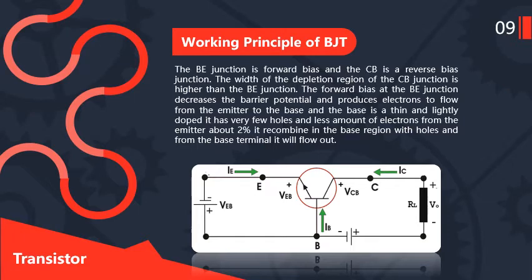The forward bias at the base-emitter junction decreases the barrier potential and causes electrons to flow from the emitter to the base, and the base is thin and lightly doped. It has very few holes, so only a small amount of the electrons from the emitter, about 2%, recombines in the base region with holes, and flows out from the base terminal.